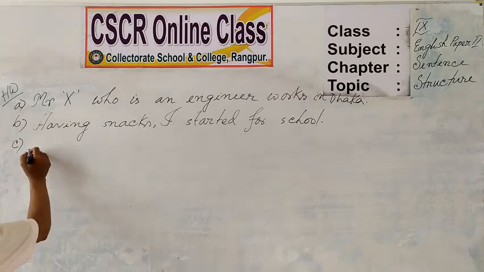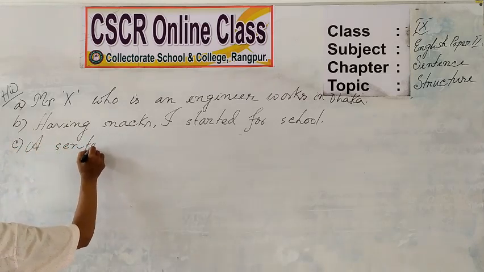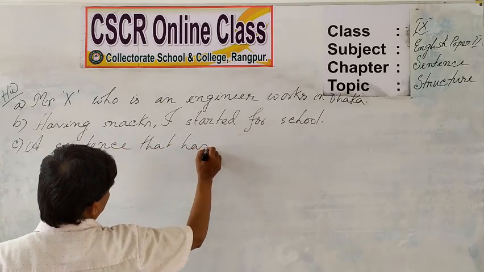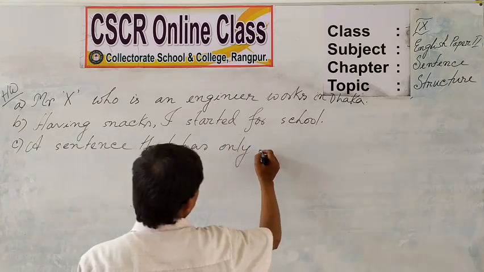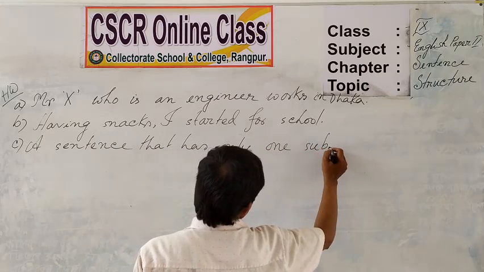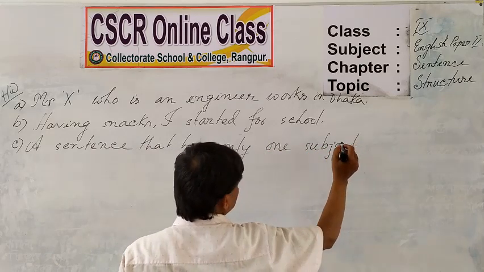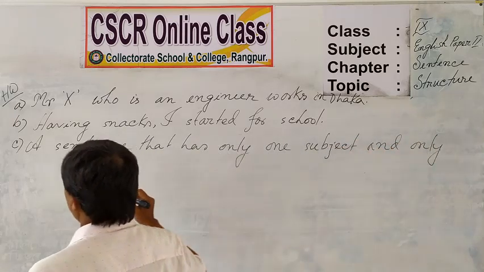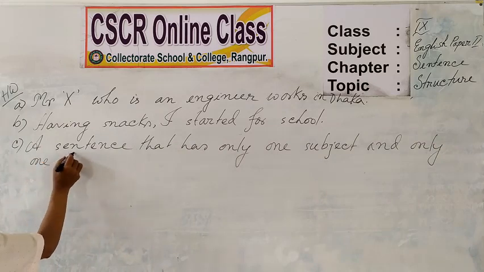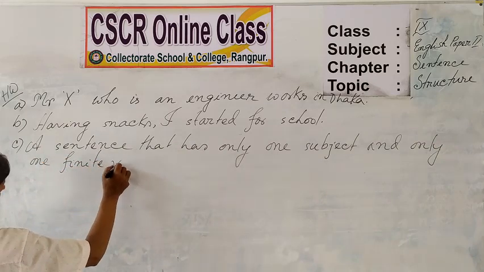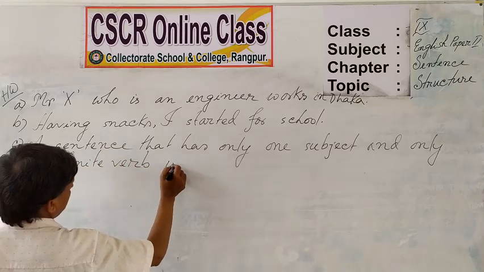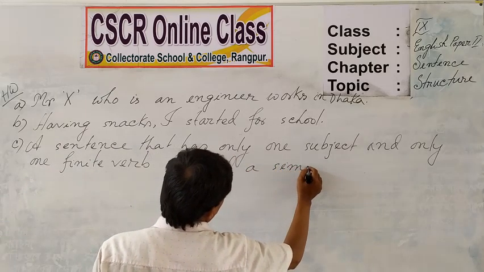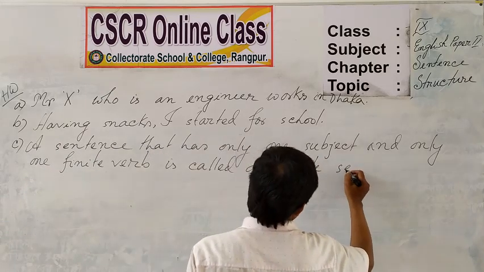Number C: A sentence that has only one subject and only one finite verb is called a simple sentence.